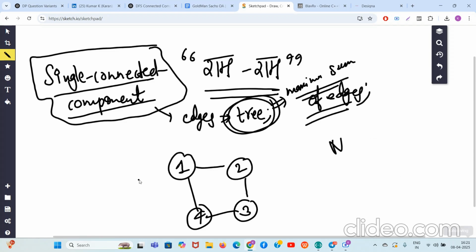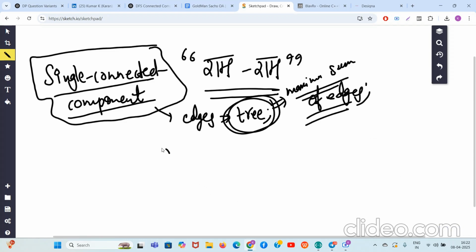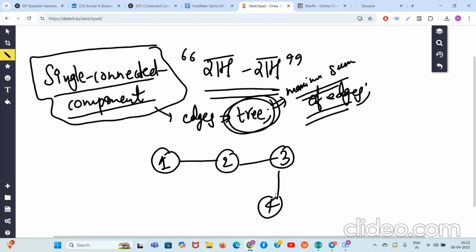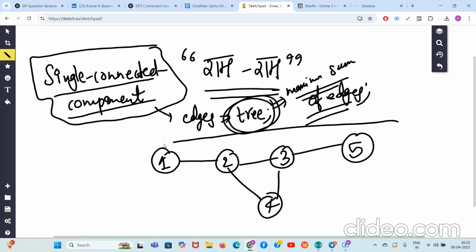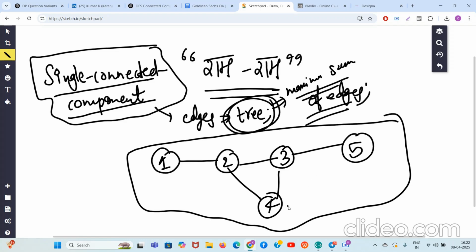So this much is clear, right? Now let's say this is your graph.